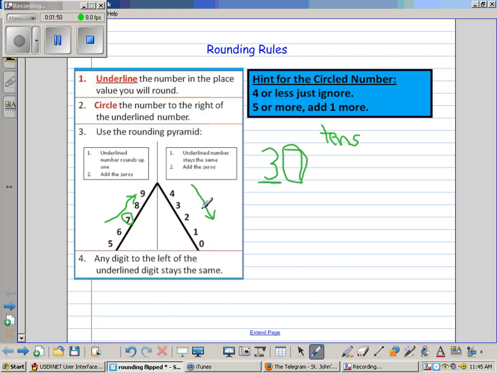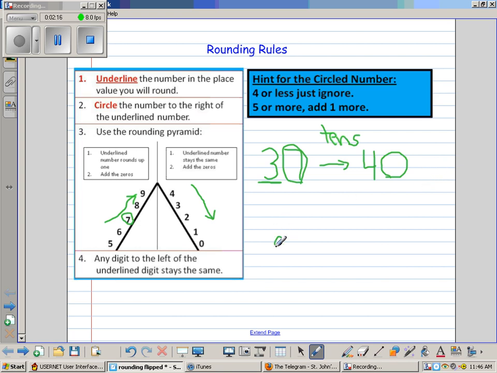So if my 7 tells me to round up, I'm going to go to this side over here, and it says the underlined number rounds up 1. The underlined digit used to be a 3, so now it goes up to a 4. And everything else after that becomes a 0. So my answer for that one would be 40.